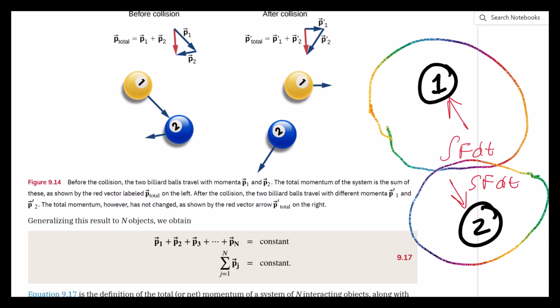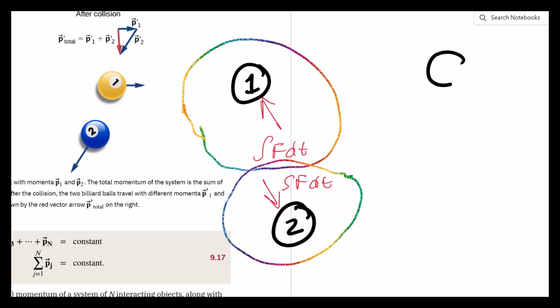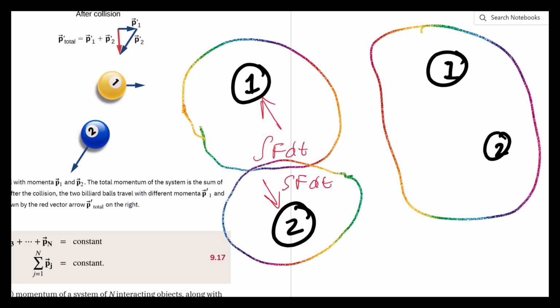However, if I do 1 and 2 together as a system, then there are no external forces. So this would be m v1 initial plus this F dt, except I didn't put that on the right thing. m v1 initial plus F dt equals m times the velocity of the first one final.